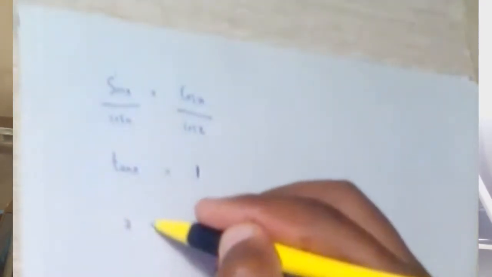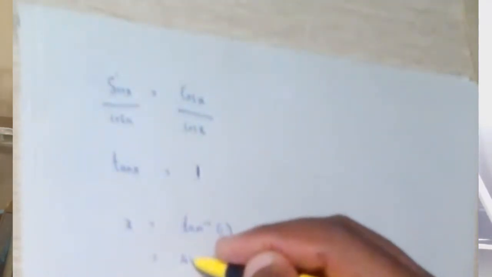So x is equal to arctan of 1. I'll take my calculator and make sure that it's in degrees, and I find arctan of 1, and that's 45 degrees.